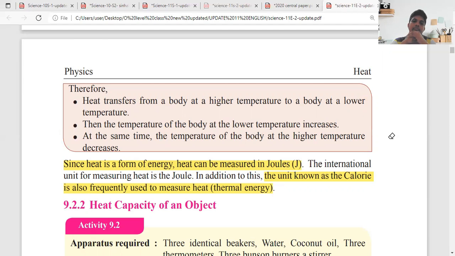Then the temperature of the body at lower temperature increases. Because of that, the temperature of the higher body decreases. With that, the temperature of the lower body increases. At the same time, the temperature of the higher body decreases, and finally they come to a thermal equilibrium. Is it clear to you?